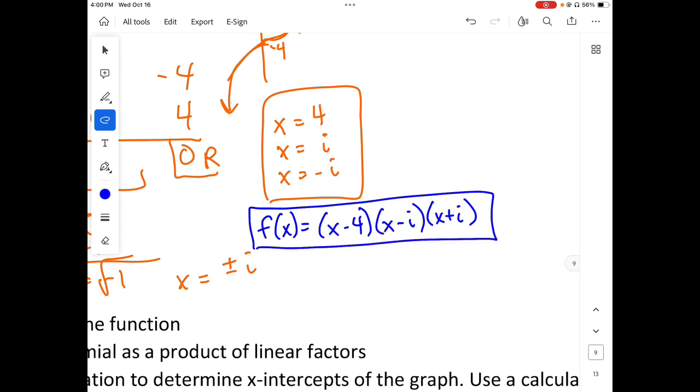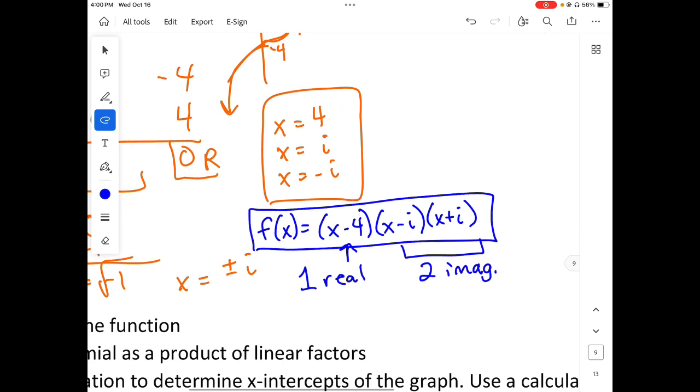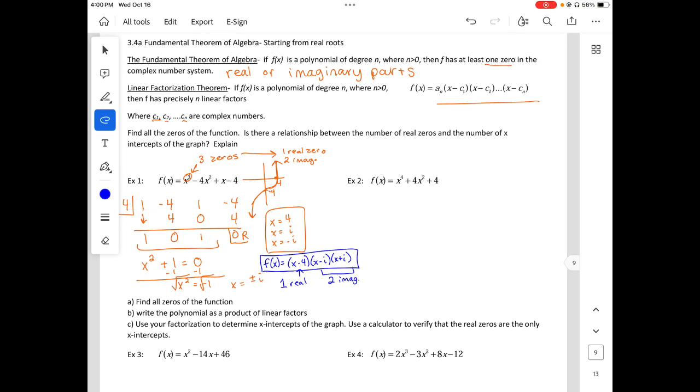So we have one real root, and then 2 imaginary or complex. Okay, let's go to the next one.